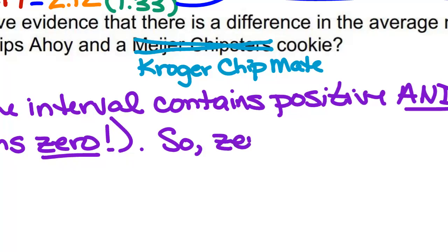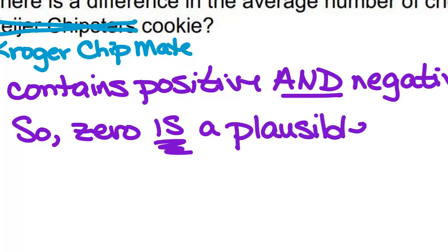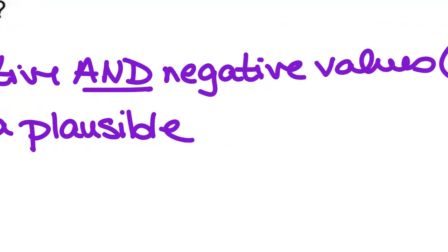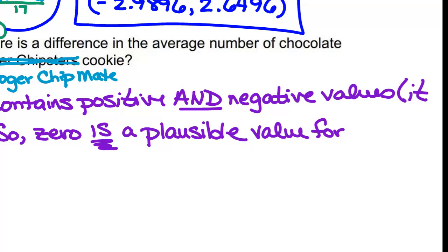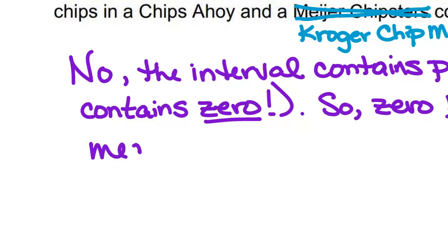So 0 is a plausible value for the true difference in means, sorry, difference in means, not mean difference.